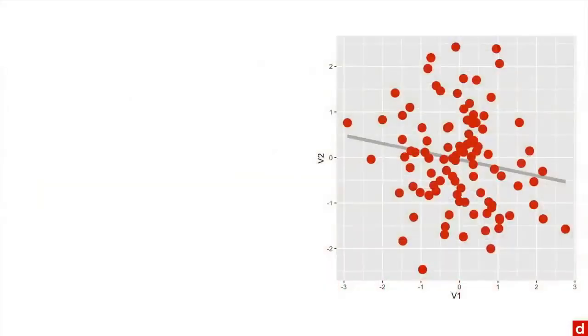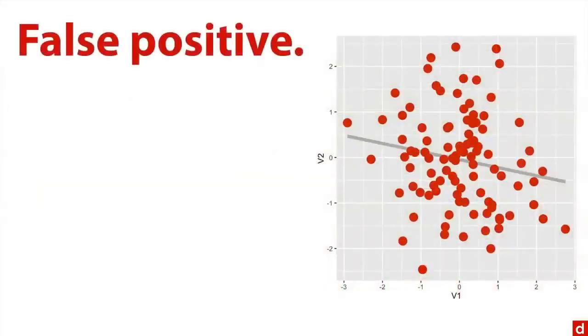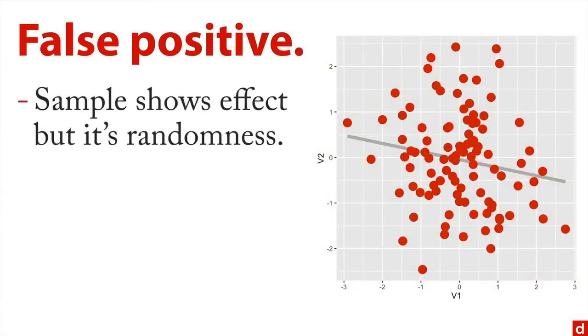The trick is things can go wrong. You can get a false positive. This is when the sample shows some kind of statistical effect, but it's really randomness. For instance, in this scatter plot I have right here, you can see a little downhill association, but this is in fact drawn from data that has a true correlation of 0. I just randomly sampled from it until I got this.